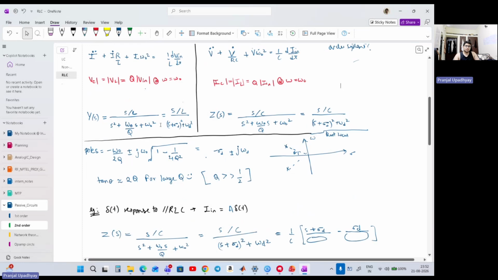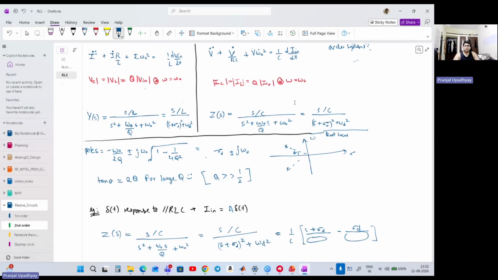Now what I'm saying is that since both of these characteristic equations are the same, you can find its poles, right? It is just the simple formula that we apply to find roots of a quadratic equation. And now we can say that sigma_d can be equal to this term, and this entire imaginary term can be equal to omega_d. Now if we look at the root locus and try to plot these two roots, these two roots are complex conjugates, right?